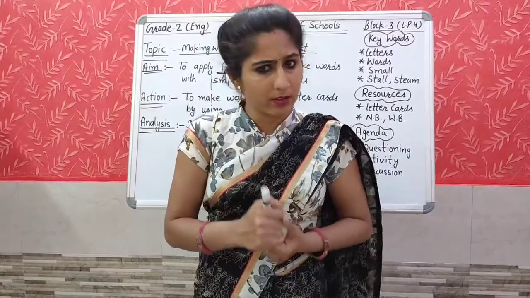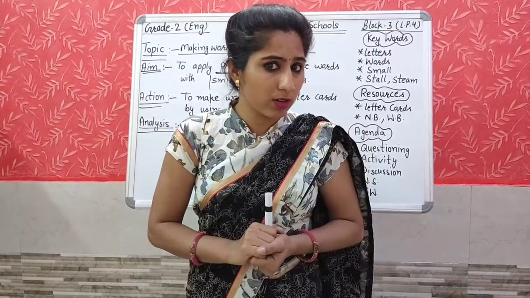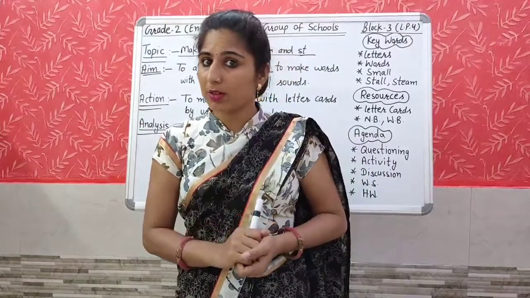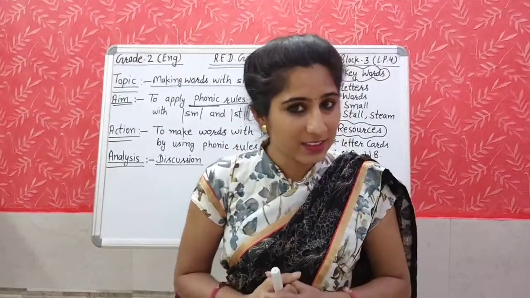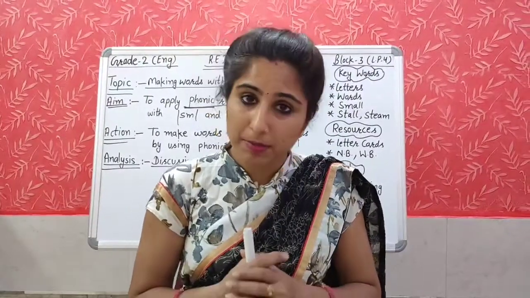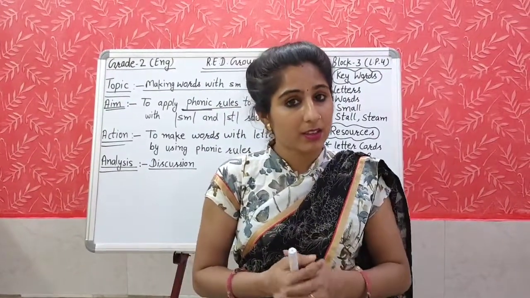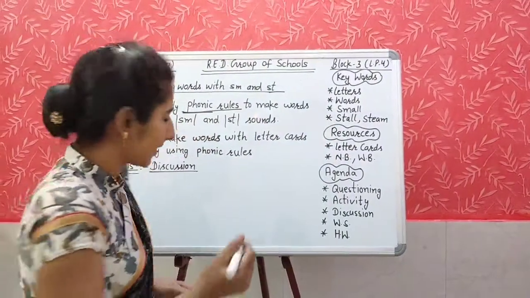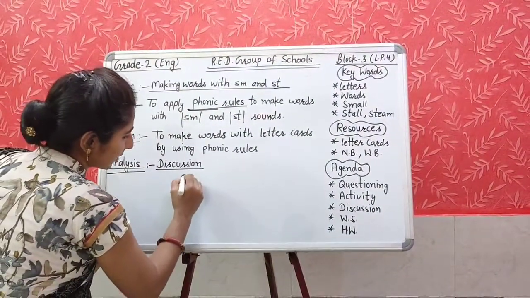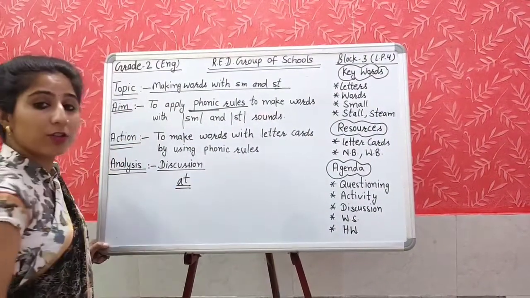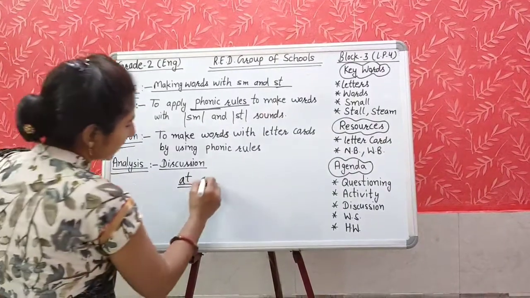How did you make that word? Yes, think about it. Yes, right. We make mat by adding m at the beginning of at. Means, what was the first word? At. And what do we want to make? Mat.